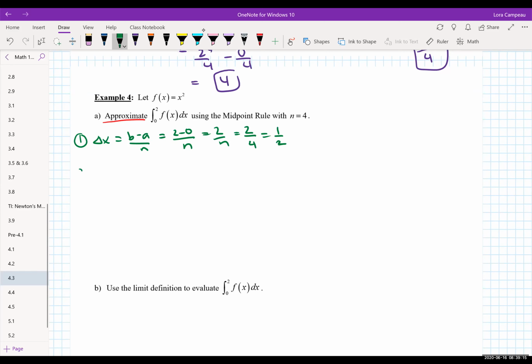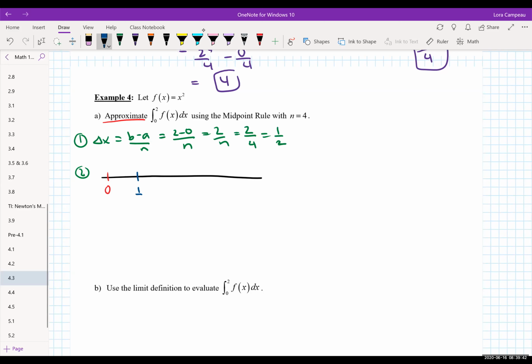So we have to have a clear idea of who delta x is. The second thing I'll do for myself, whenever I'm using left side, right side, or midpoint rules, is draw my left and right endpoints. So you'll see, okay, I have a 0 to start with, and I'm using my delta x, adding on 1/2, so I can figure out the points as I go.